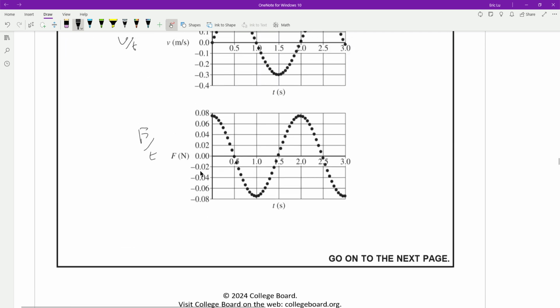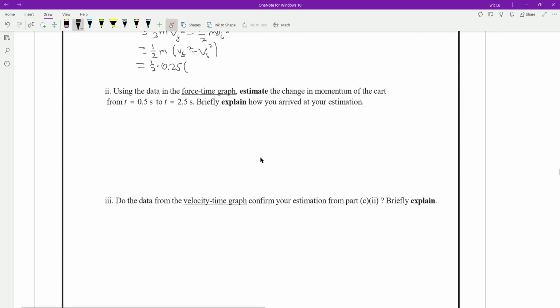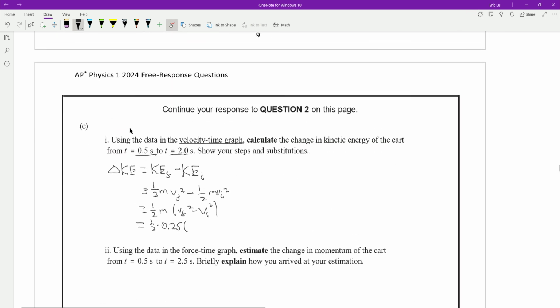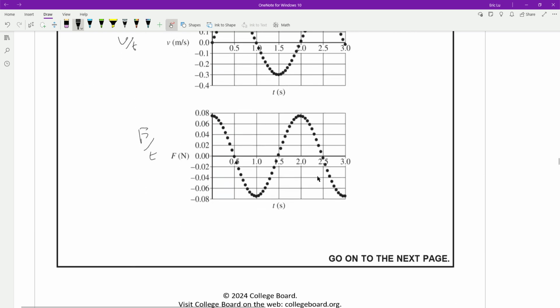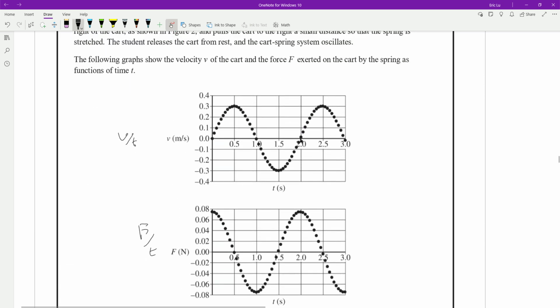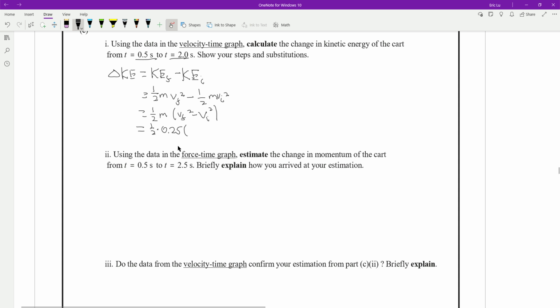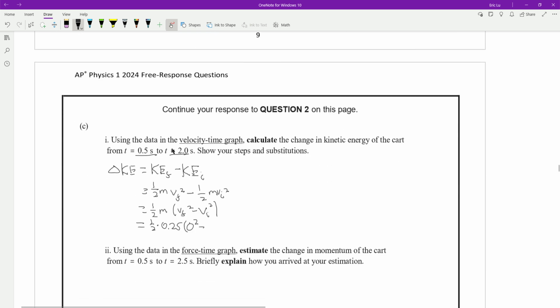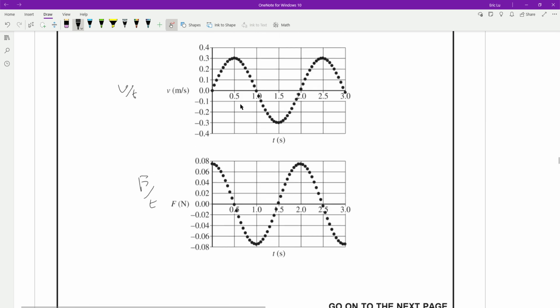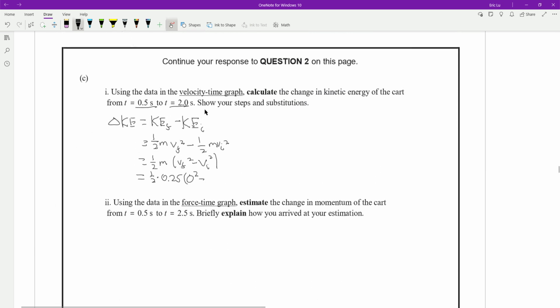The final velocity would be the velocity at 2 seconds. So that would be about 0. So 0 squared minus the initial velocity at 0.5 seconds, which is 0.3 meters per second. So 0.3 squared.